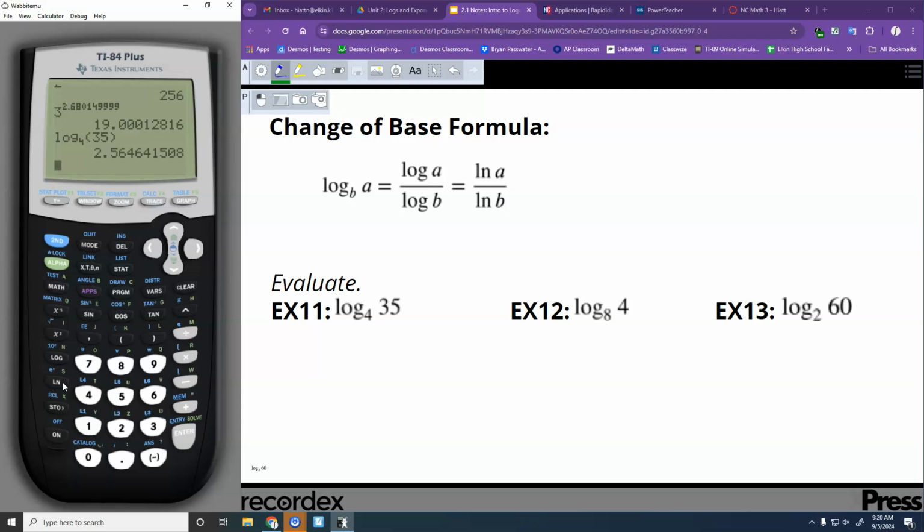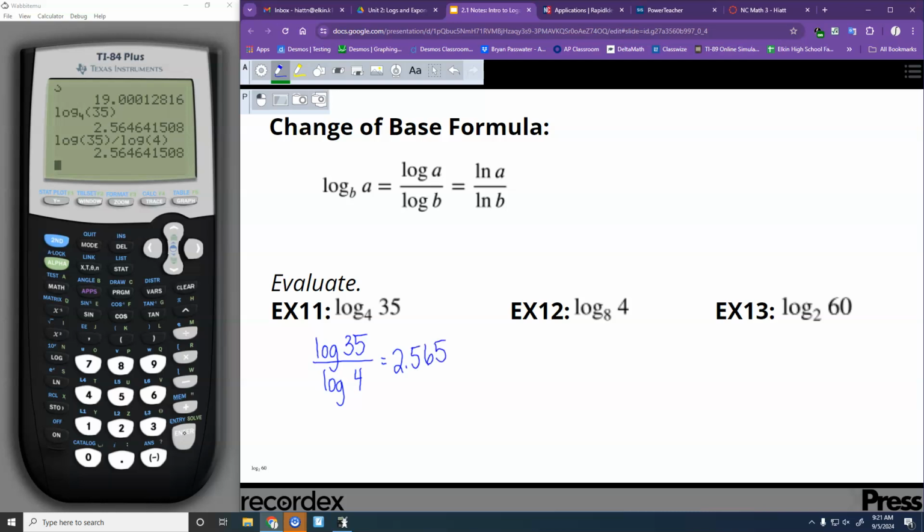So like when I see log base 4 of 35, I could type into my calculator log 35 over log 4, right? So if I type that in, log 35, make sure you close your parentheses, divided by log 4, I will get 2.565.